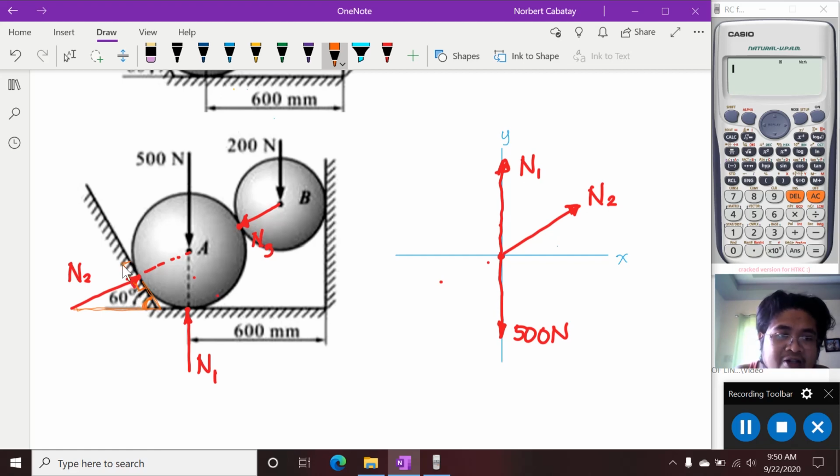Kasi a normal force is always perpendicular to the surface. Of course, kung ito is 60, 90, ito ay 30. Tama po ba? Then, consider nyo po itong malaking triangle. If this is 90, this is 30, for sure this is 60.